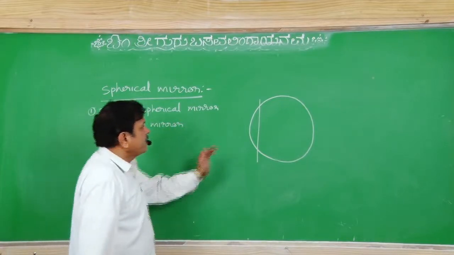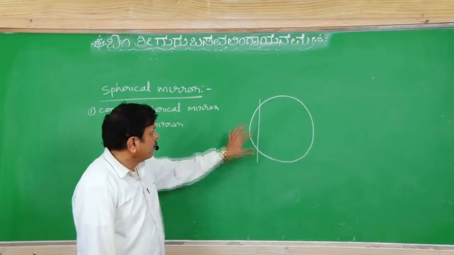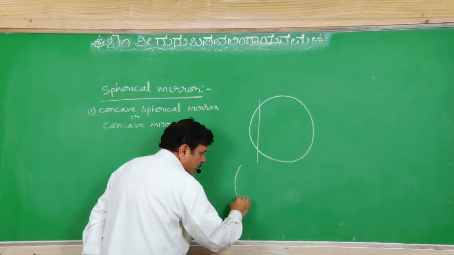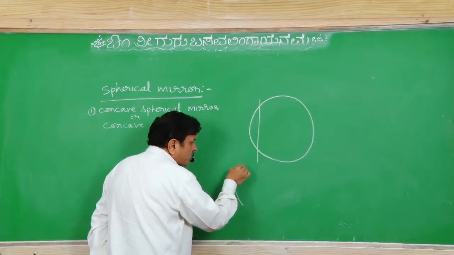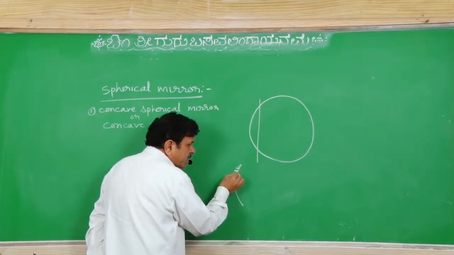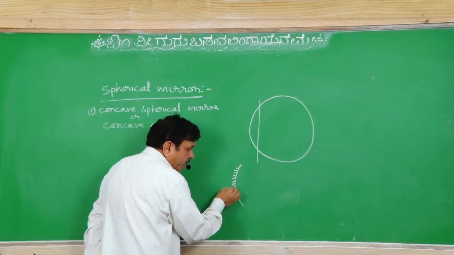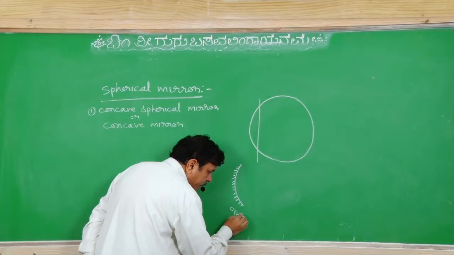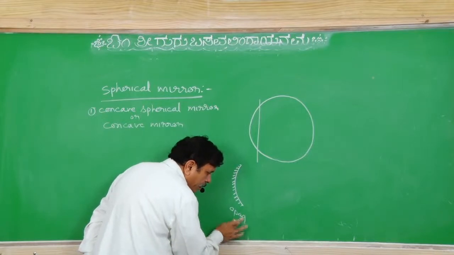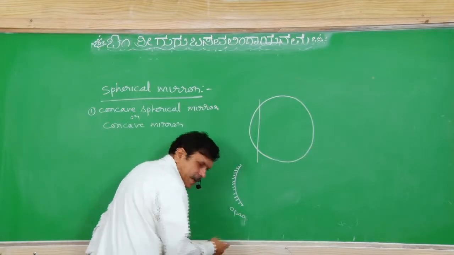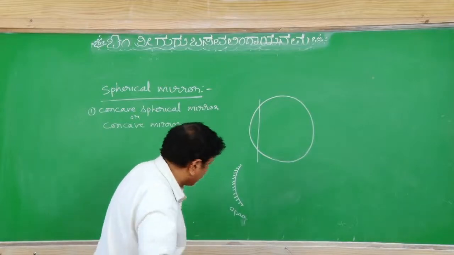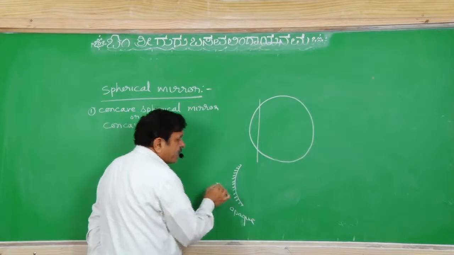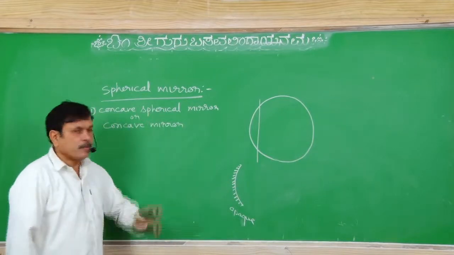Suppose from this spherical surface we remove this part, and we coat the outer side of it so that it becomes opaque. Opaque means it should not reflect light.